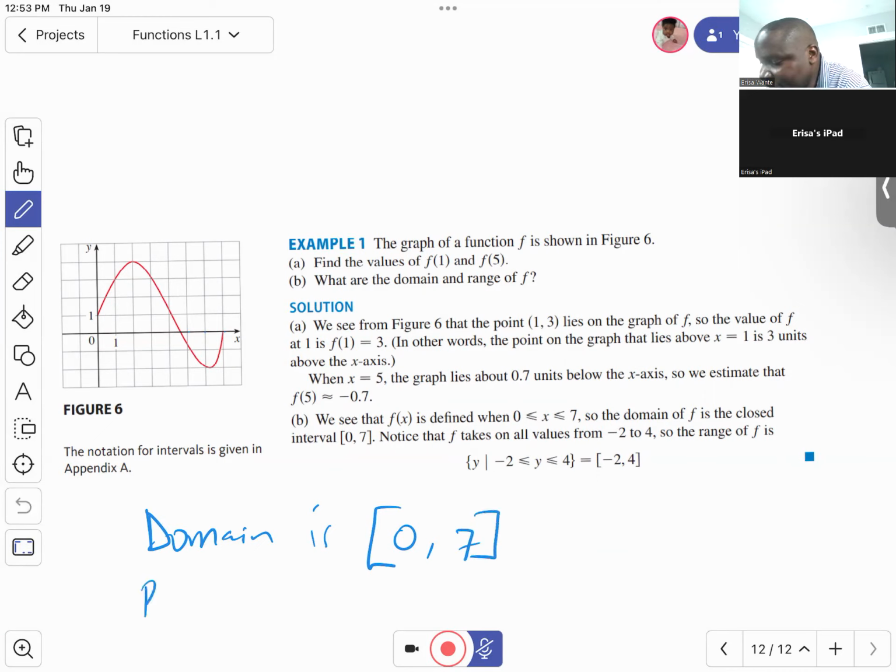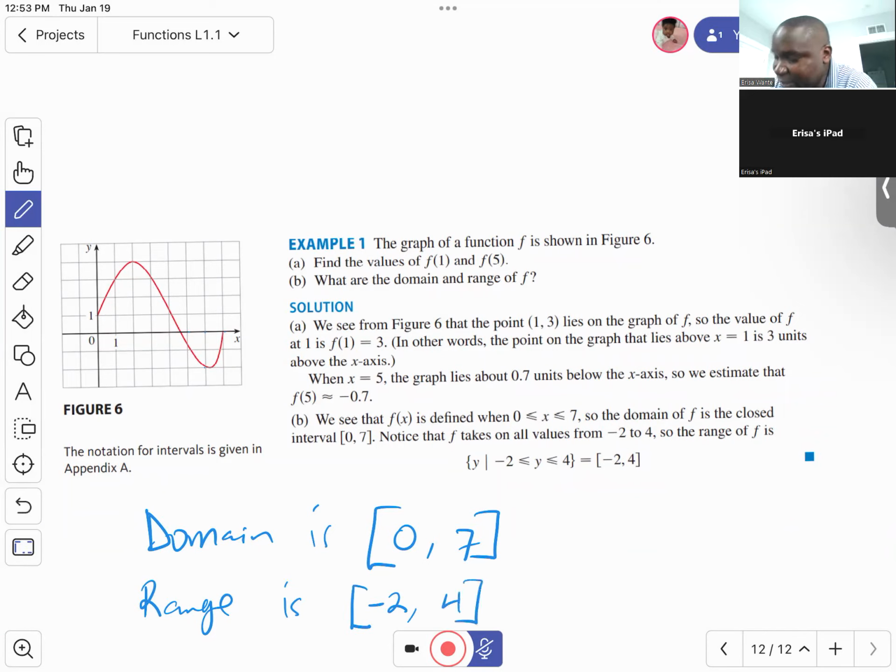And then the range is the set of the y values. We pick the lowest value. The lowest y value is about -2. So it includes -2 up to 4.